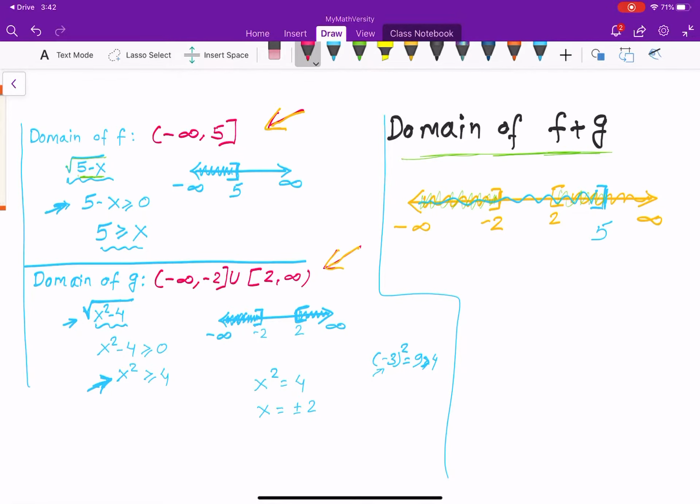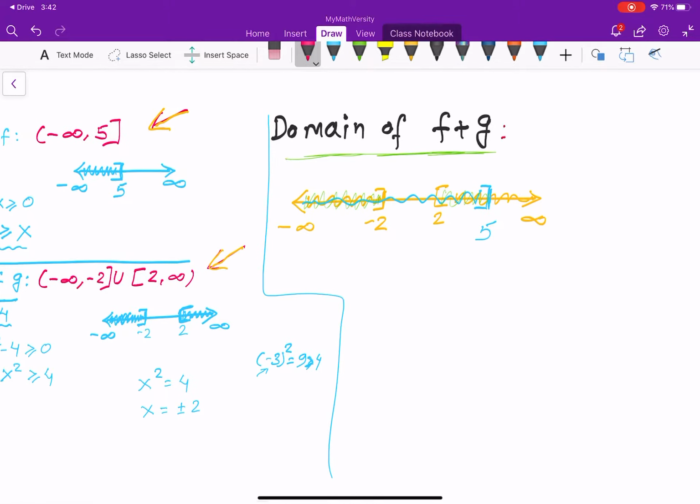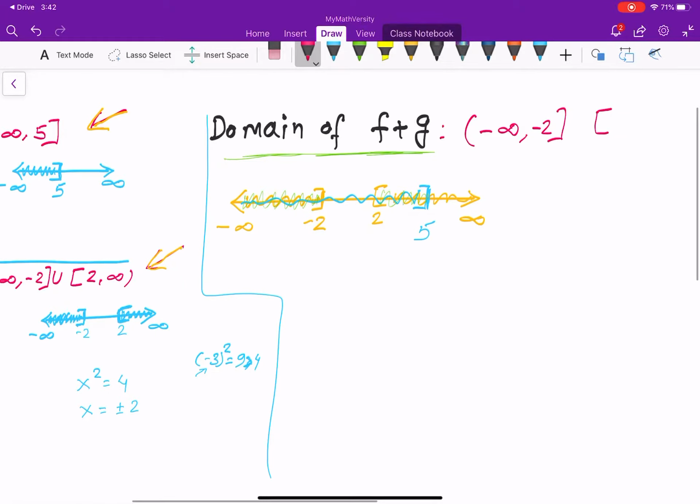So the domain of f plus g will be all the real numbers from negative infinity to negative 2, that's for sure, but also from 2 to 5, and that's the domain of f plus g.